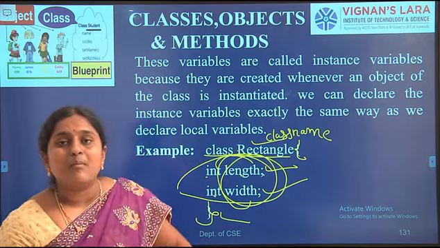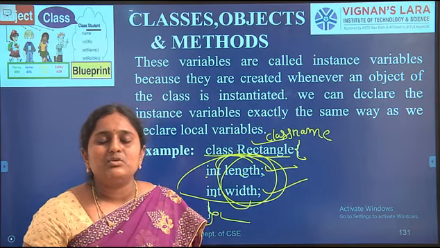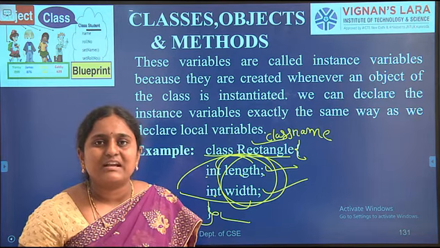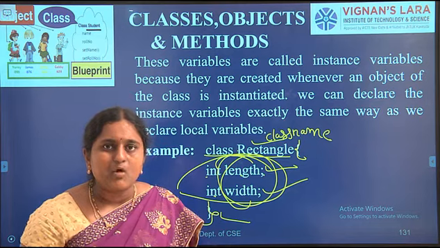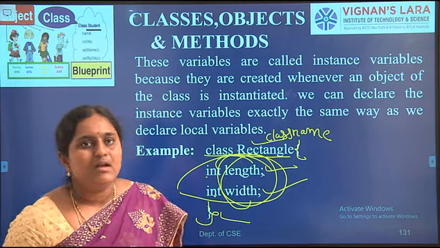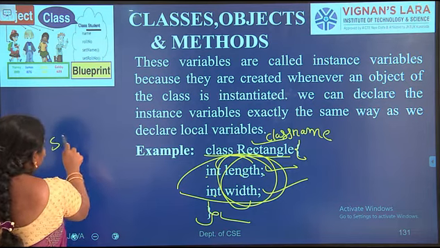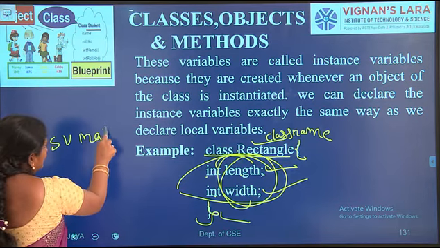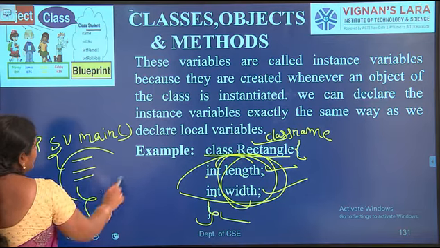Otherwise they remain in the form of bytecode. In Java, only the main method of the program is loaded into memory, for example public static void main, followed by the body of the main method.